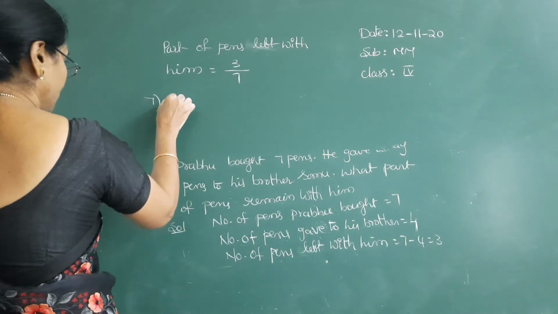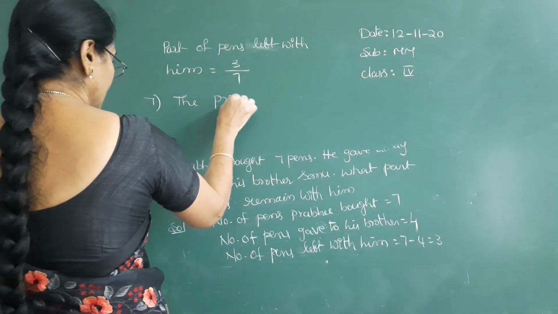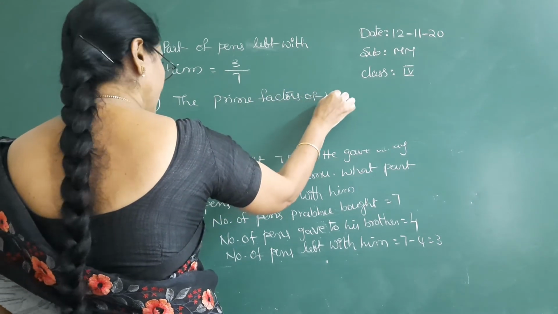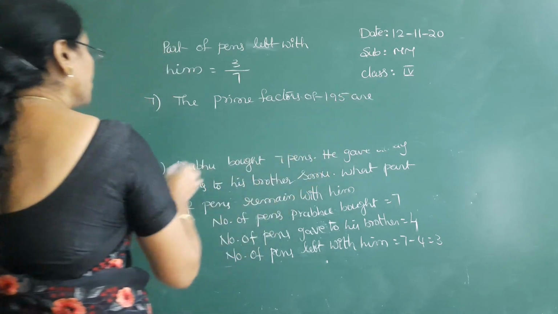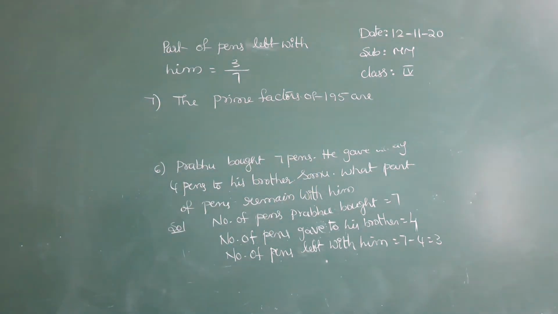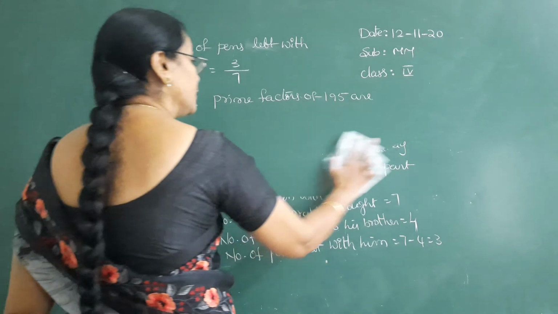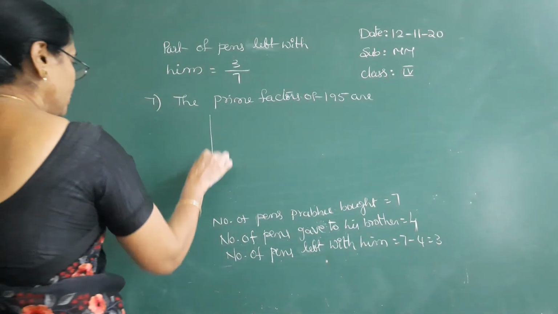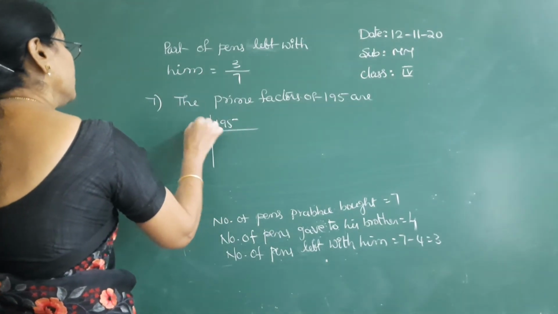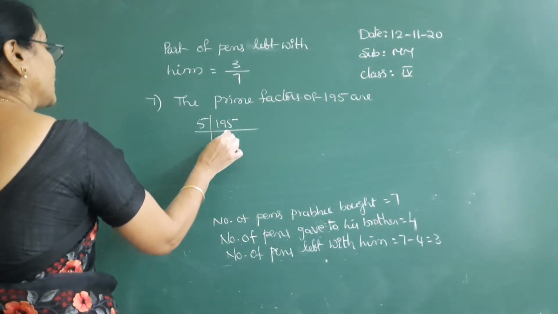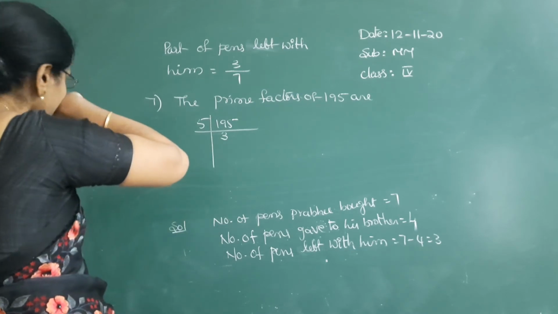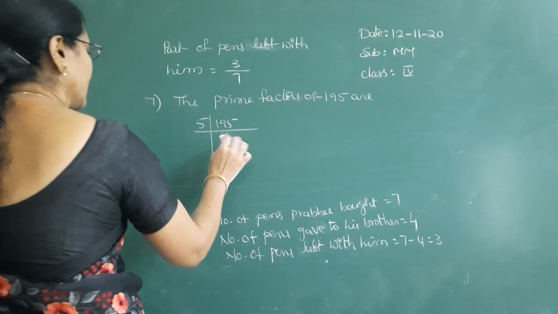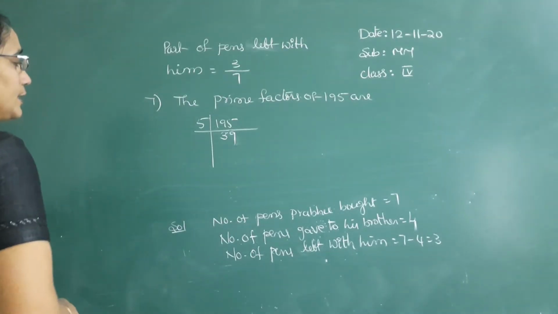The prime factors of 195 are: they are asking to find the prime factors. I already explained before what a prime number is. A prime number means it has only two factors. So you have to divide 195 by 5. 5 3s are 15, 5 9s are 45.